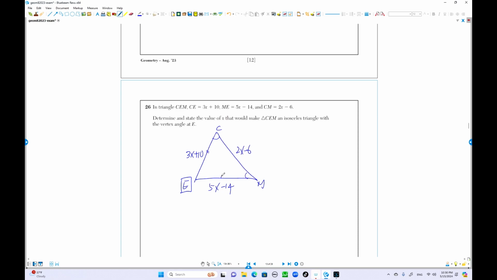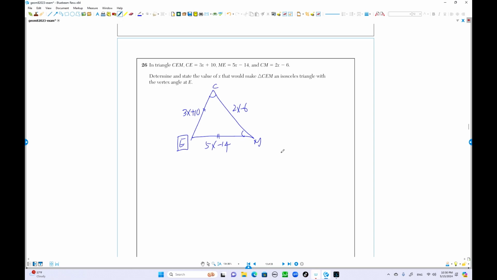These two sides must be congruent, since opposite sides are congruent. You have to solve this using algebra. 3x plus 10 equals 5x minus 14. So 2x equals 24, x equals 12. Now we found the value of x: x equals 12.